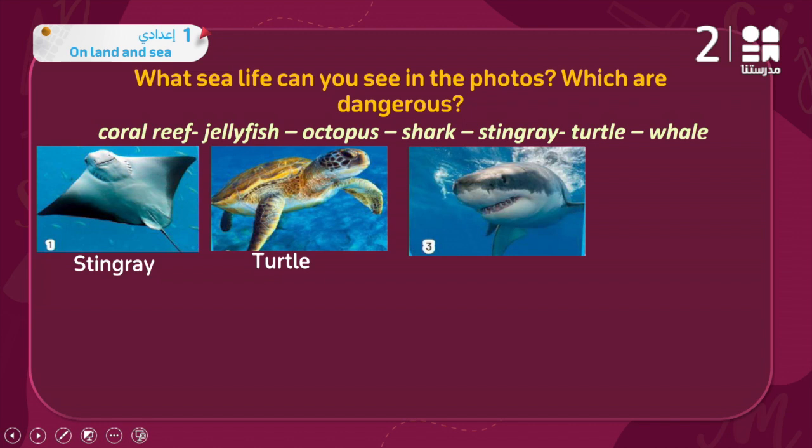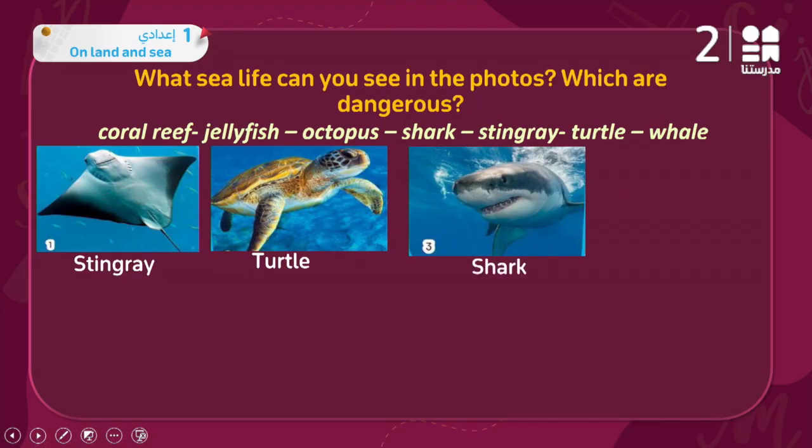What is this? This is one of the most dangerous aquatic animals. It is the shark. The shark has very sharp teeth, of course, to devour the prey. The shark.